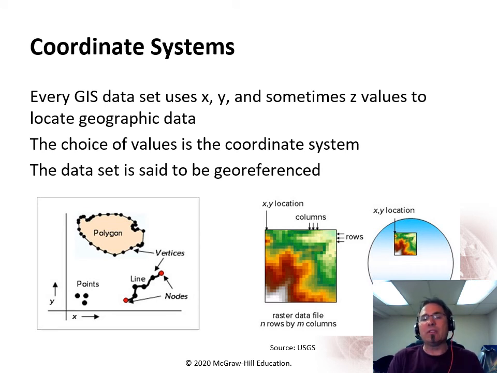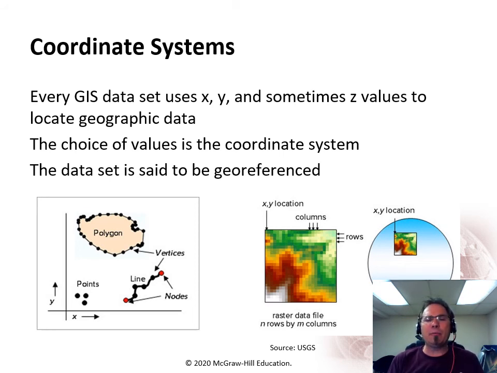Once it understands where it's supposed to be placed on Earth, the data is said to be georeferenced. This is hugely important because if you go out in the field and take data, it's not always easy to just bring it into GIS. There's a few steps you have to take in order to get it to that point.